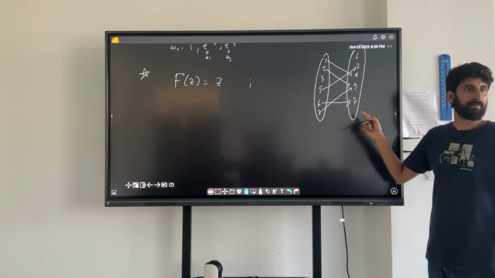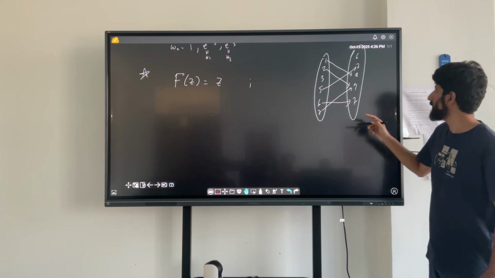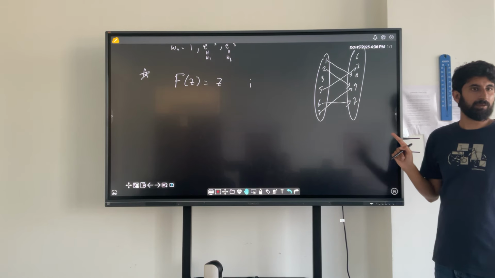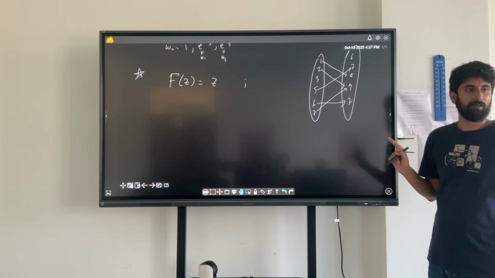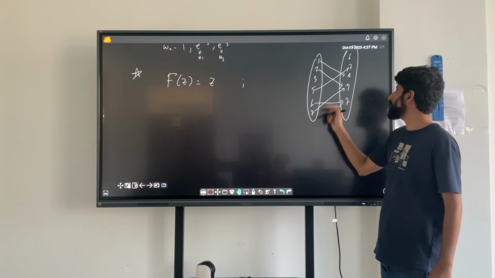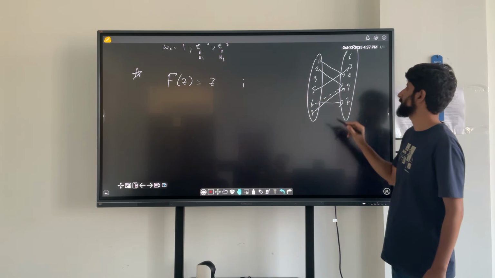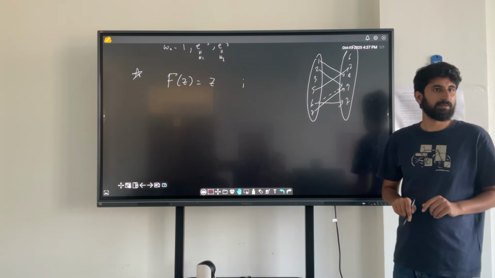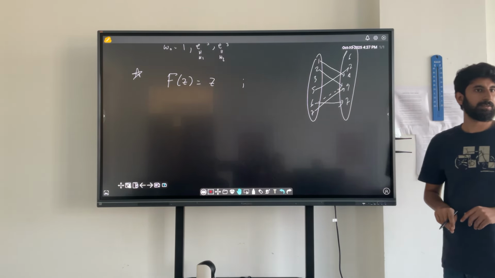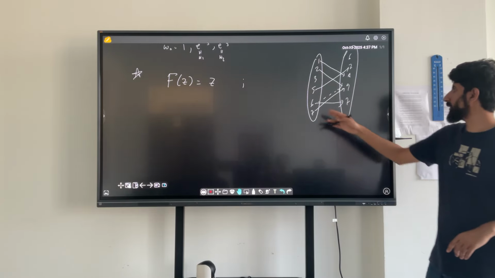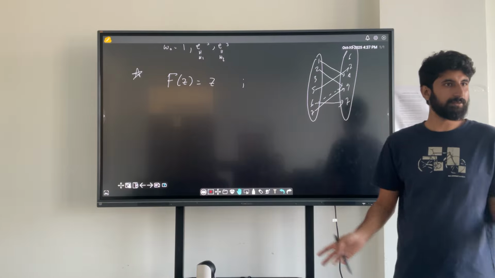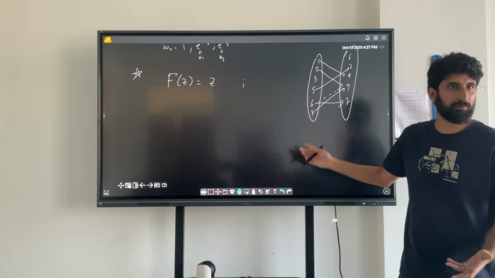This is okay. Two inputs can give you the same output. But there shouldn't be something like this. One cannot give you two outputs. Then you can't call it a function. It may still be a relation, sure, but it won't be a function.